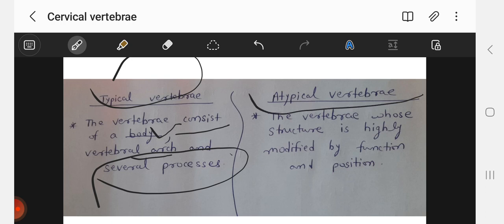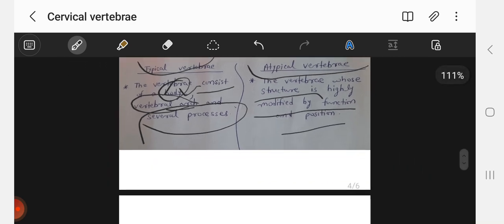An atypical vertebra doesn't have characteristics similar to a typical vertebra. They don't have a body, they don't have some arch, and there is a lack of some processes. The structure of an atypical vertebra is highly modified according to its function and position.